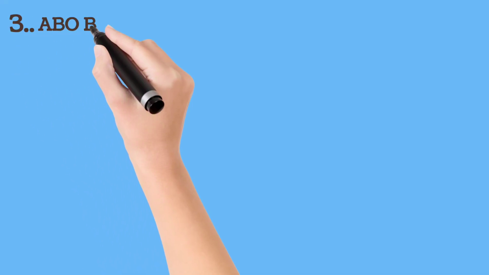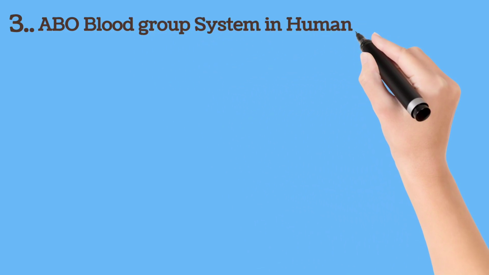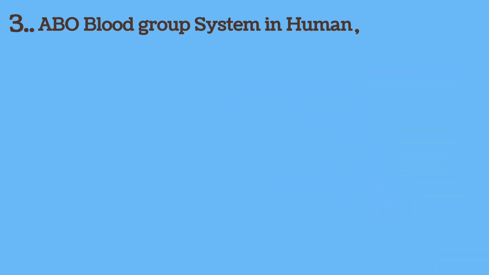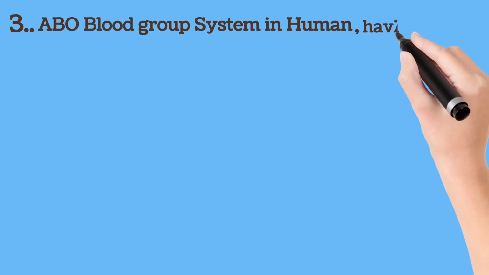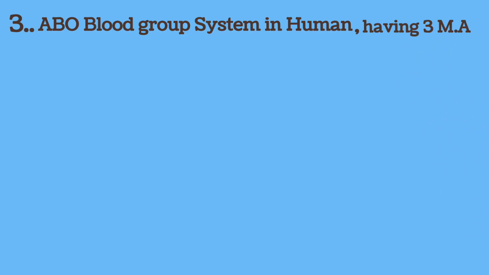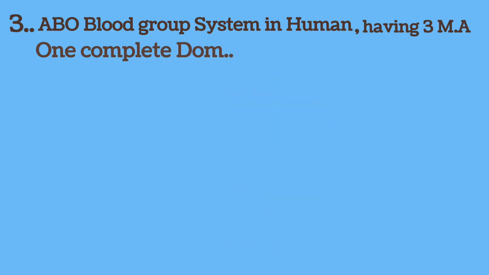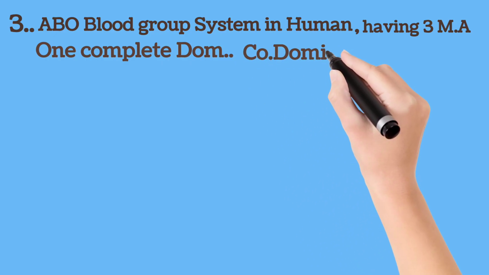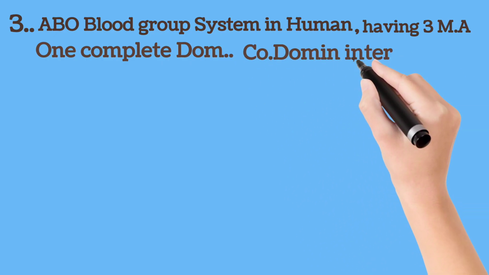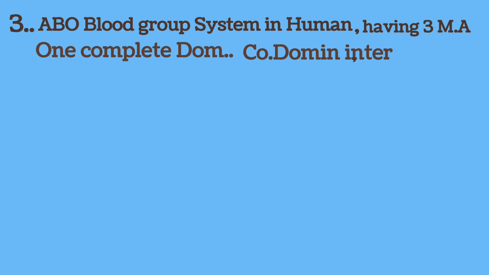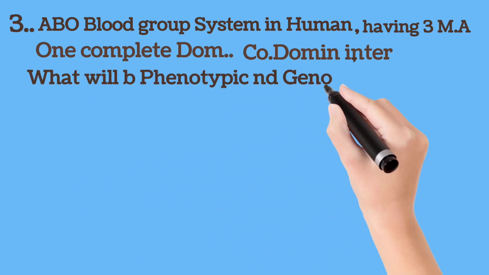One of the prominent numericals is the ABO blood group system in human beings, as we have already read. It is controlled by 3 multiple alleles IA, IB, I0, among which one multiple allele pair shows complete dominance and one shows codominance. Now we have to calculate the phenotypic and genotypic ratio.